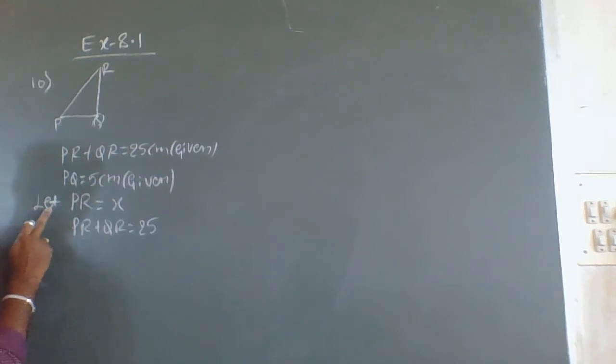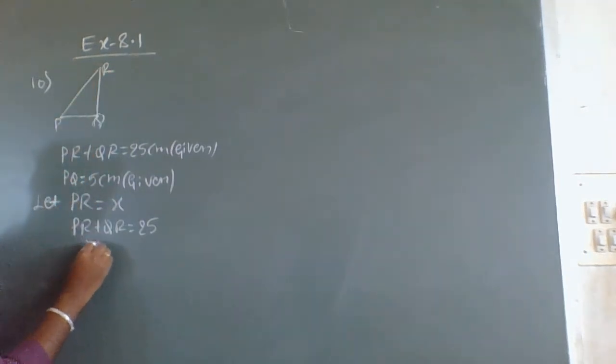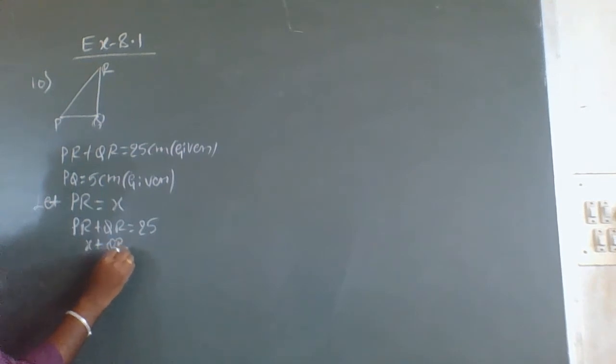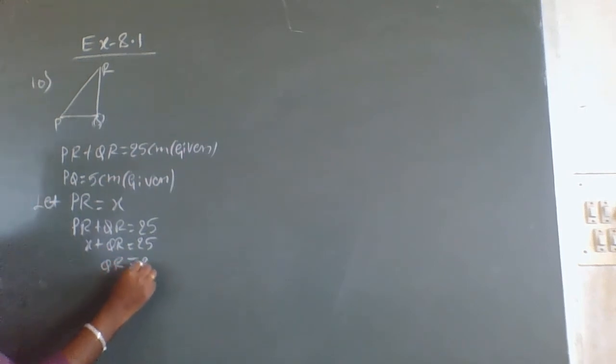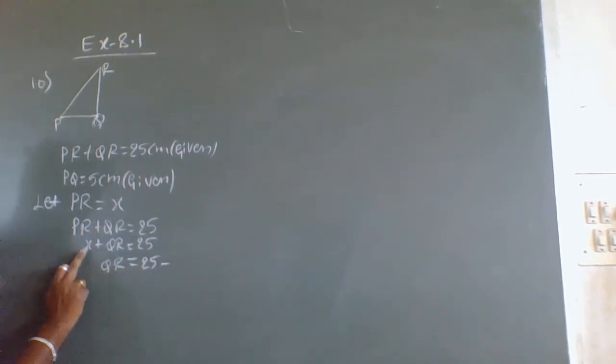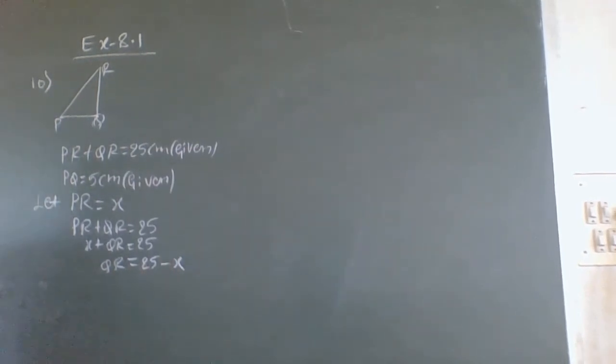So here we consider length of PR is X. So X plus QR equals to 25. So length of QR will be 25 minus, so I will take this X to right hand side, so it becomes minus X. QR is equals to 25 minus X.